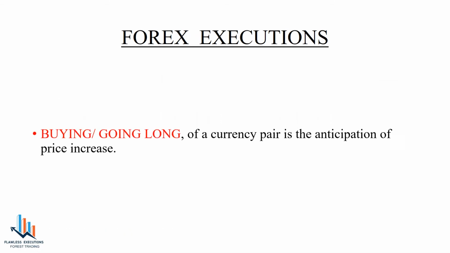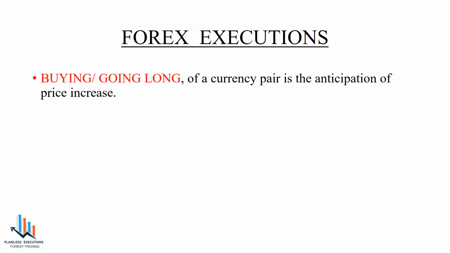Now, look at Forex executions. In which way do we make money in the Forex market? How do we execute? What are the names we use in executing in Forex trading? First of all, we have buying or going long. When someone says I'm buying a pair, or another person says I'm going long, they mean the same thing.